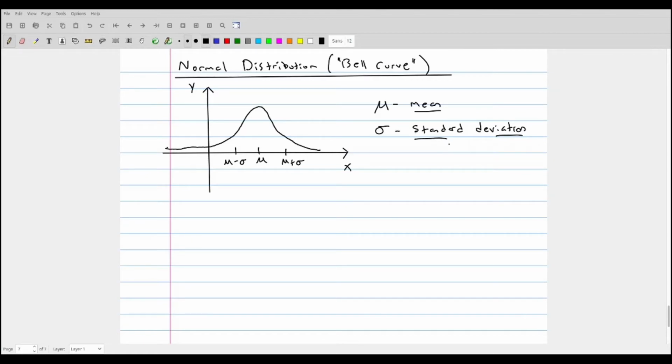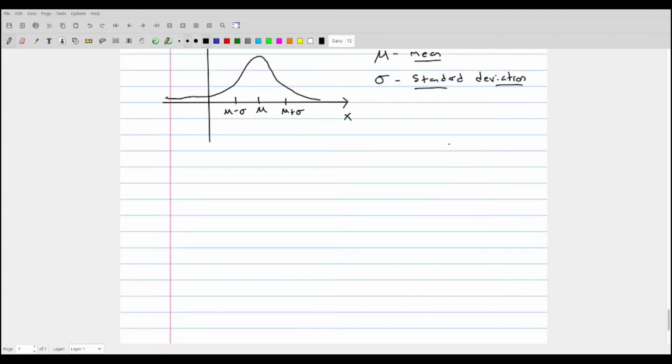In a general probability and statistics class, you'll learn about probability density functions, and that any given random variable can be described using its probability density function.